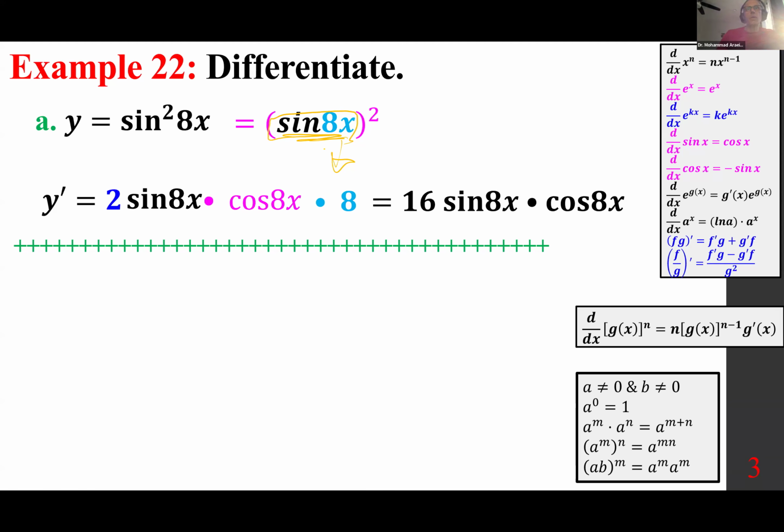All right, what about this one? f of x is 3x times 3 to the power of x. So we notice this is the product of f and g.